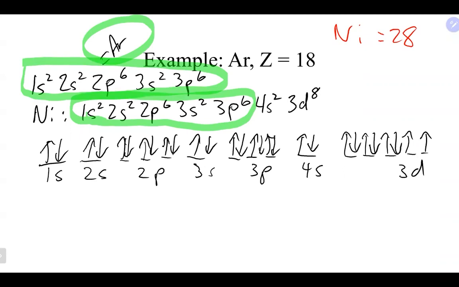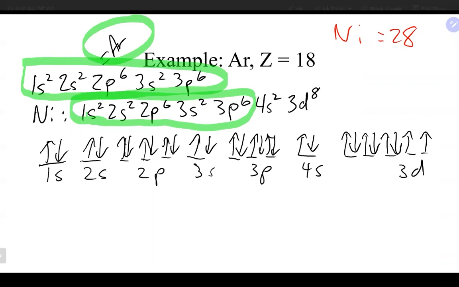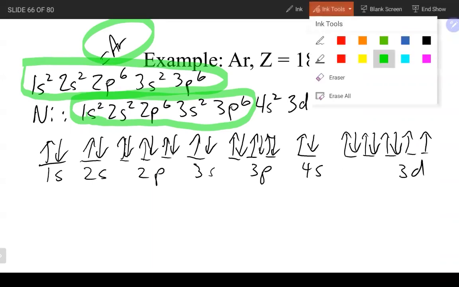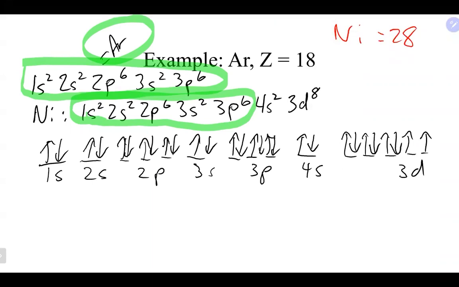So there is a shorthand that is sometimes used with electron configuration, which some people refer to as noble gas configuration. Because a part of nickel's configuration is basically argon, you could shorthand it and go in brackets argon, which would represent the electron configuration for argon.